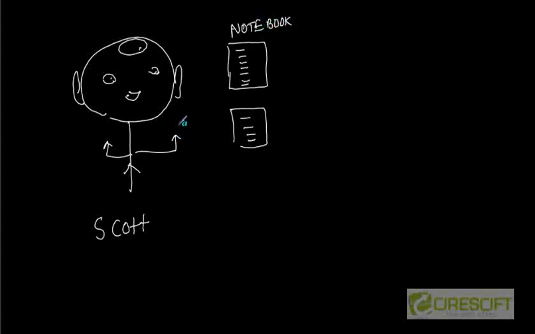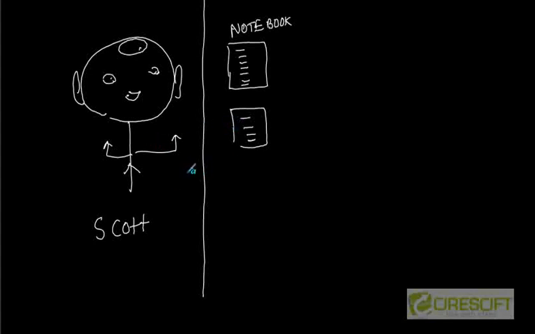Okay, so this is what it is about Scott. And then I'm going to draw a line here. In this part I am talking about the human, and in this part I am talking about his diary or notebooks where he is going to write things about him.